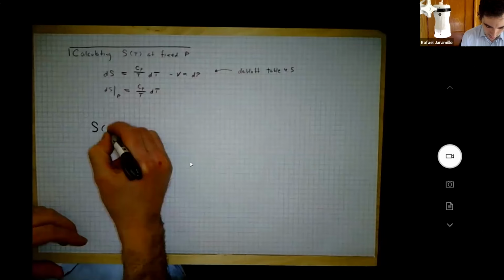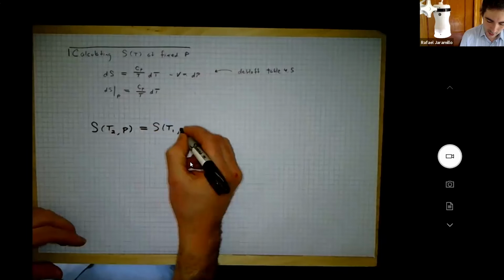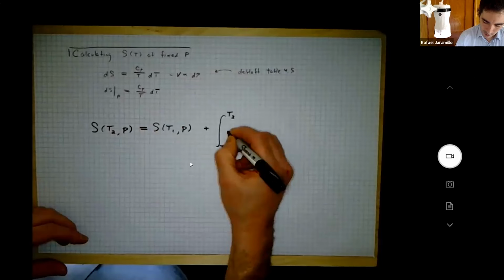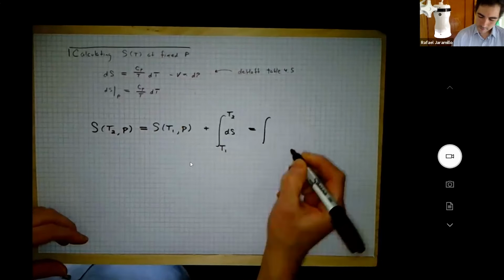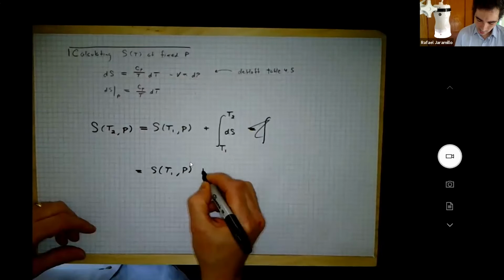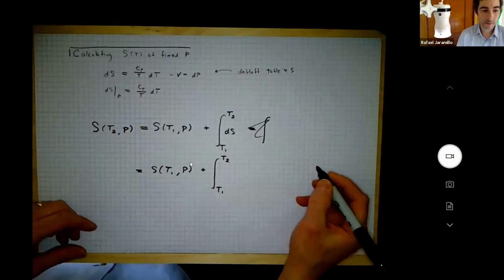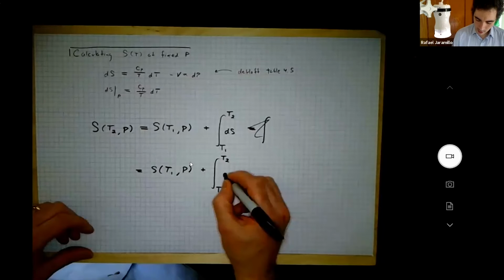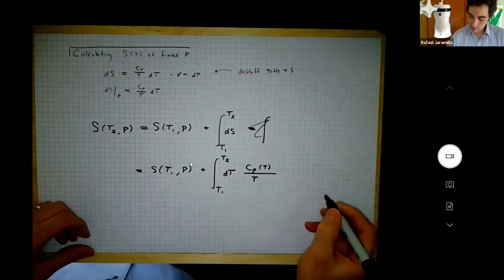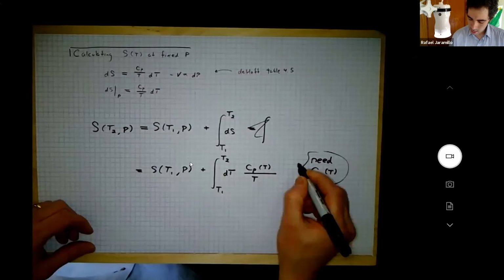S at T2 at a given pressure equals S at T1 at that pressure plus the integral from T1 to T2 of dS, which equals S at T1 and pressure plus the integral from T1 to T2 of dT, and the integrand is Cp at T over T. So again, we need Cp as a function of temperature to do that calculation.